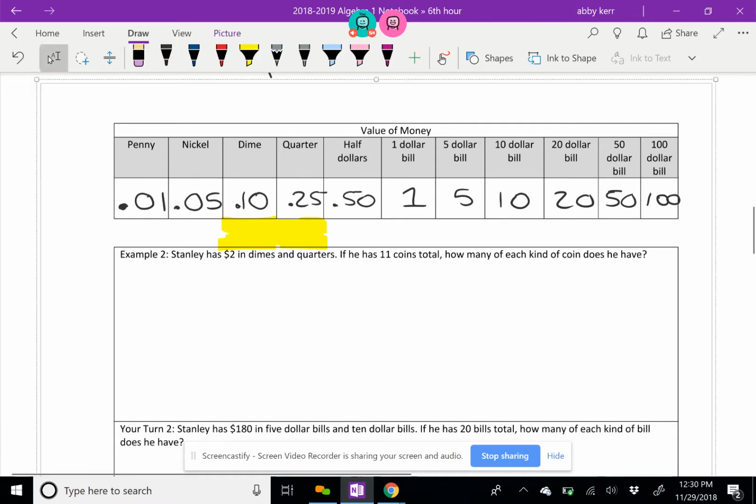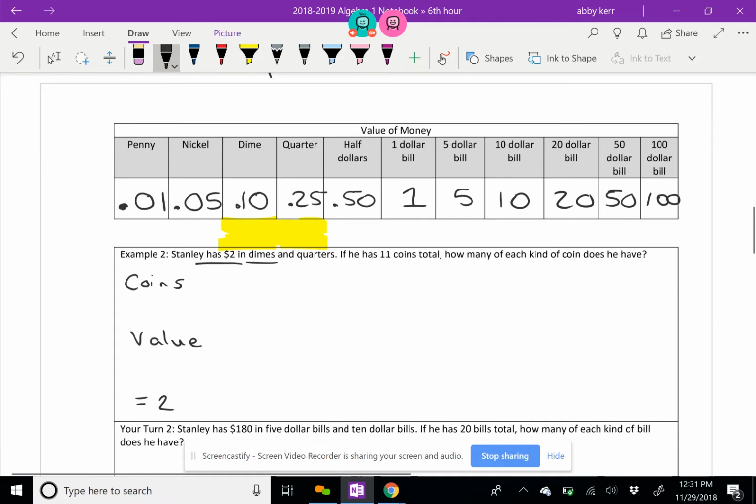So we know that he has coins, and we know that we have a value. So we know that he has $2. So let's talk about the value. We know the value has $2.